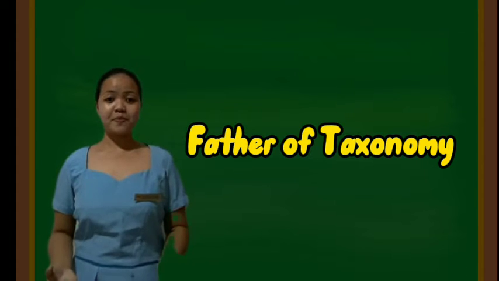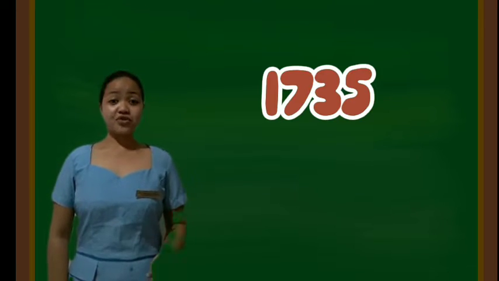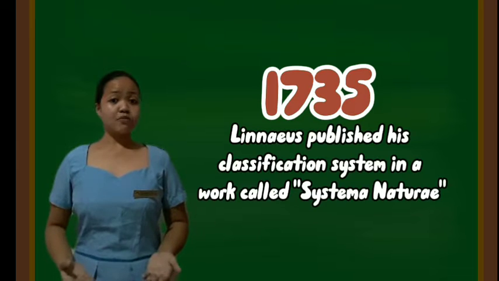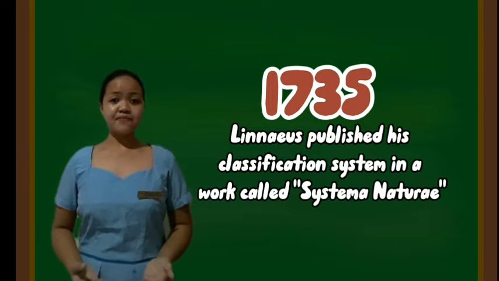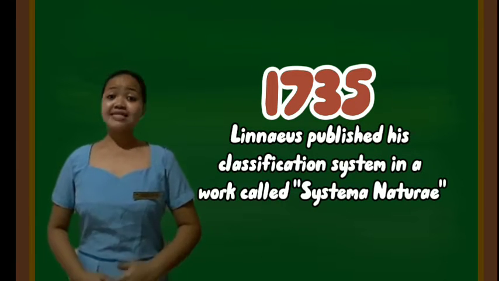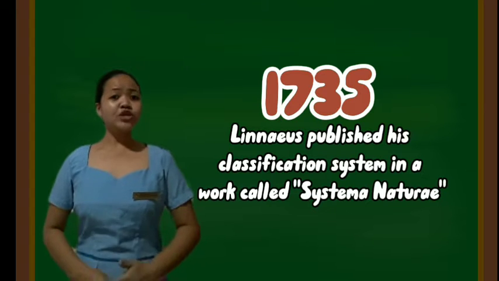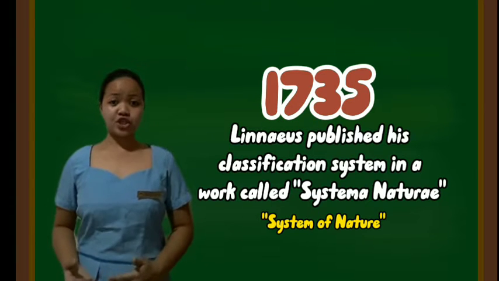Because of Carolus Linnaeus' invention, he is known as the father of taxonomy. But his classification system did not stop there. In 1735, he published his classification system in a work called Systema Naturae, which means system of nature.